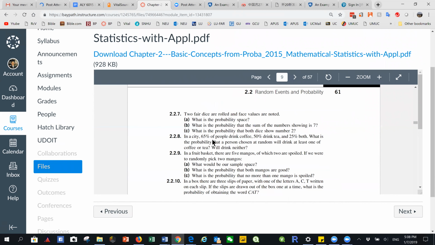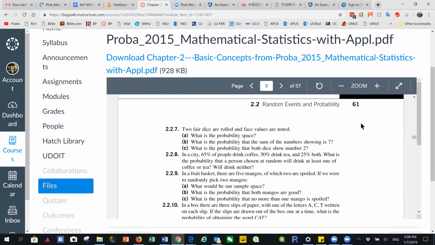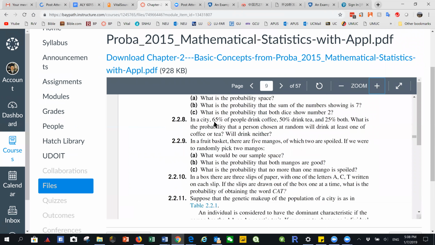In a city, 65% of all people drink coffee, 50% drink tea, and 25% drink both.